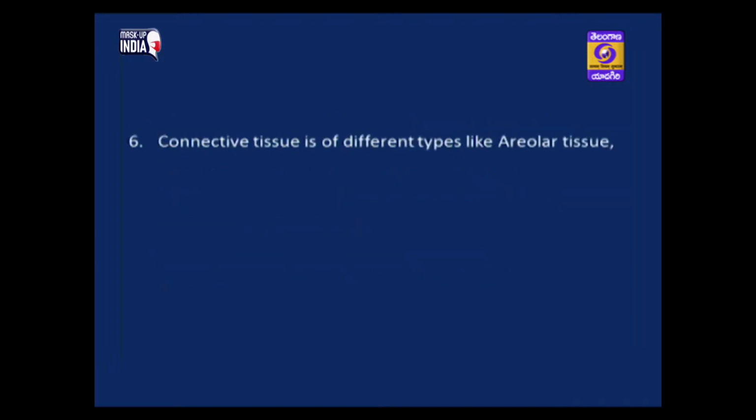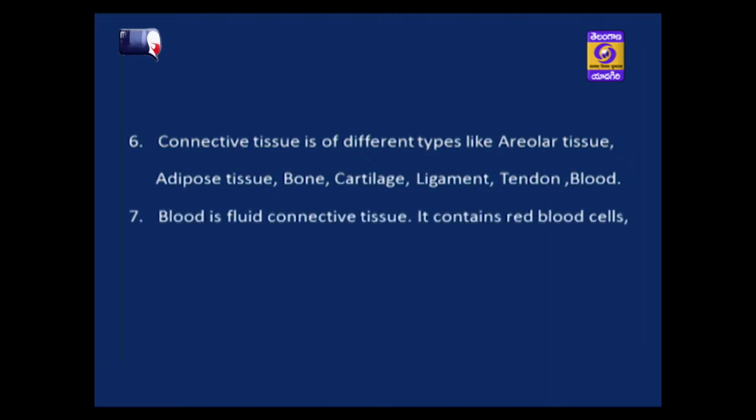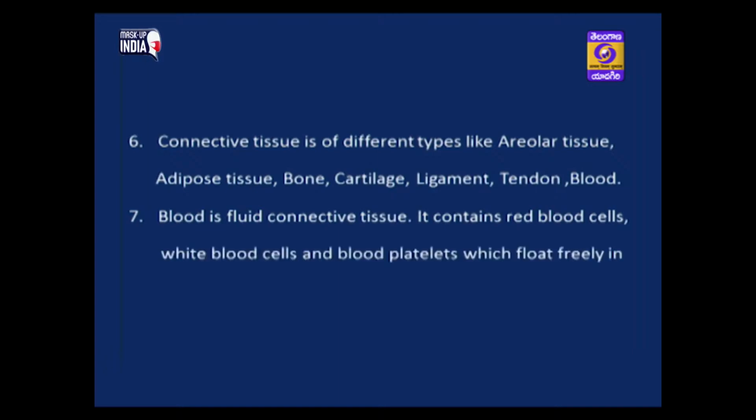Connective tissue is of different types like areolar tissue, adipose tissue, bone, cartilage, ligament, tendon, blood. Blood is fluid connective tissue. It contains red blood cells, white blood cells and blood platelets which float freely in blood plasma.